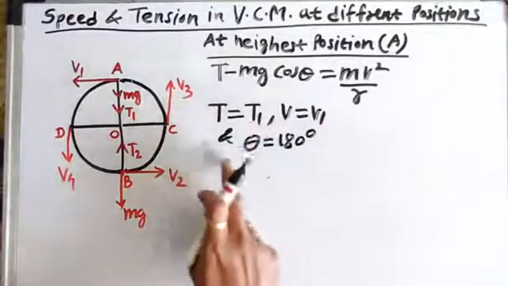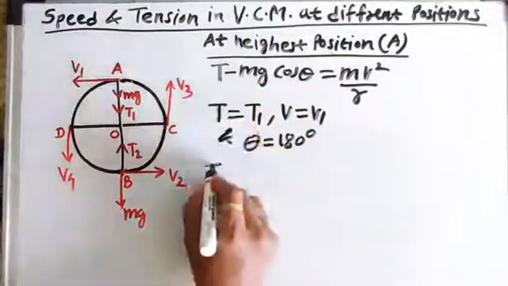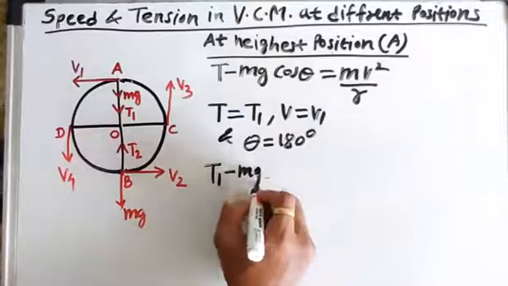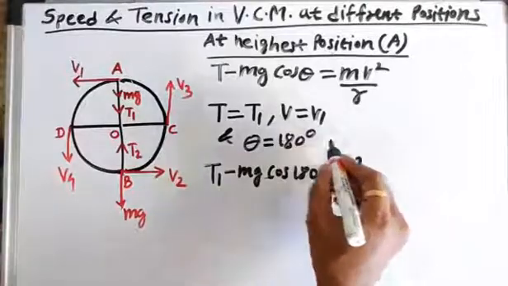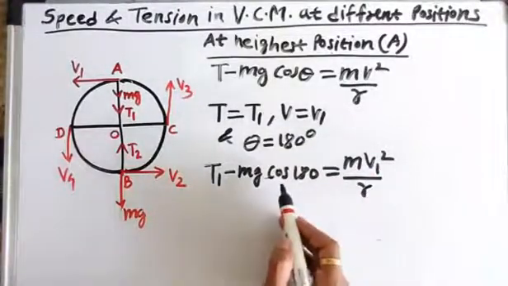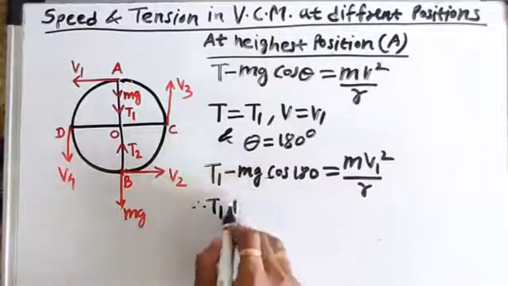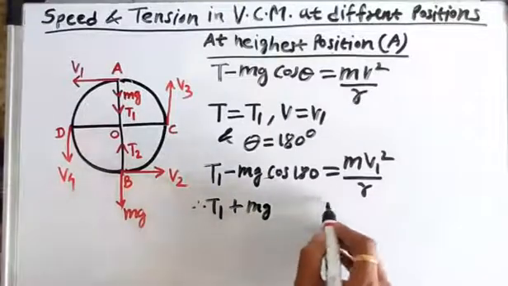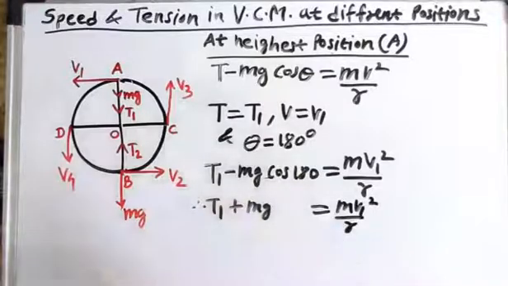Now we substitute this value in the equation, so we get T1 minus mg cos 180 equals m V1 square upon r. We know that cos 180 is minus 1, therefore T1 plus mg equals m V1 square upon r.